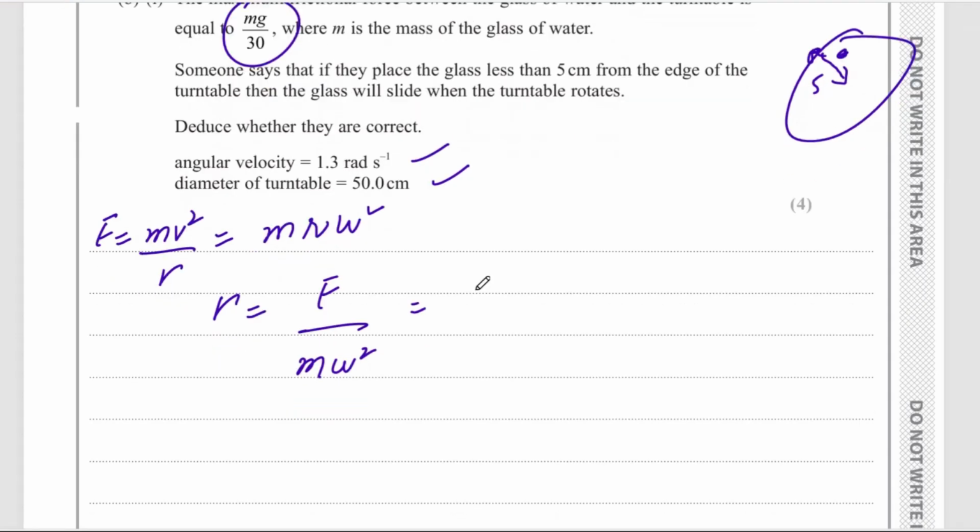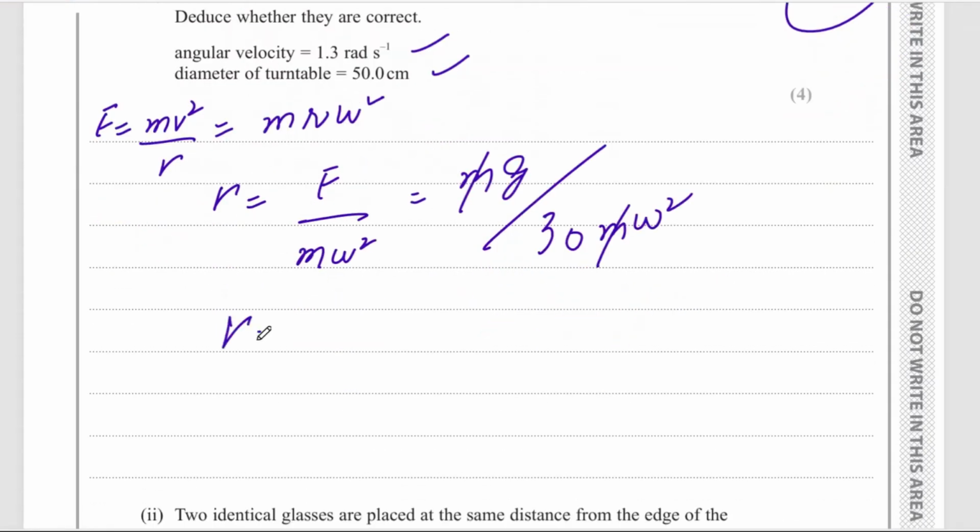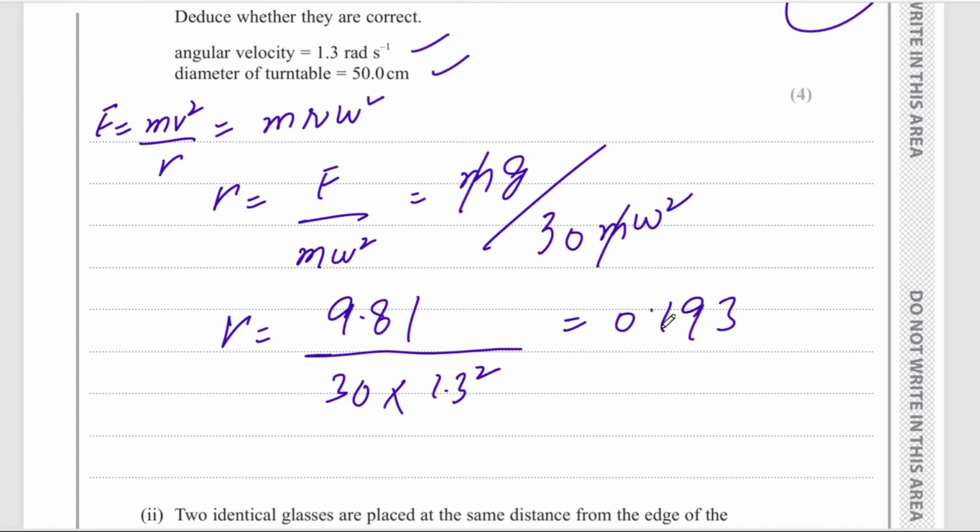So you've got mg, I'm just going to plug it in over here: mg divided by 30 times m omega squared. You can easily see that this m and m are going to cancel out. I'm just going to calculate the radius, and that is going to be 9.81 divided by 30 times omega squared, which is 1.3 squared, right? I'm just going to solve it, and I've got 0.193 as the final radius, right?